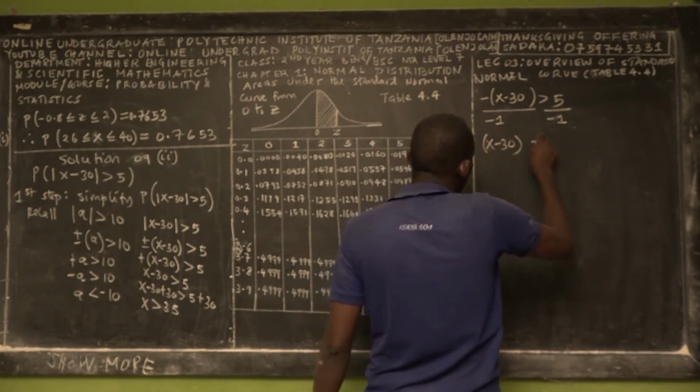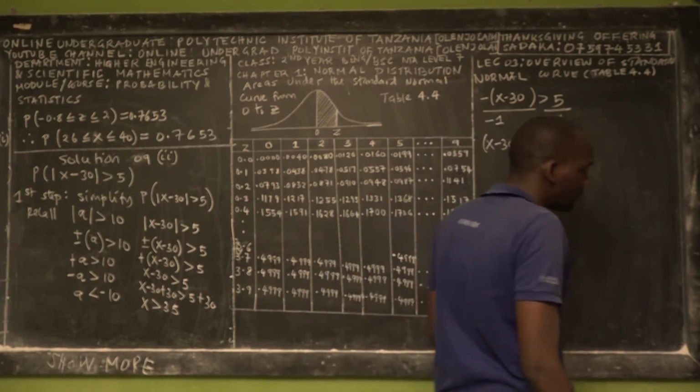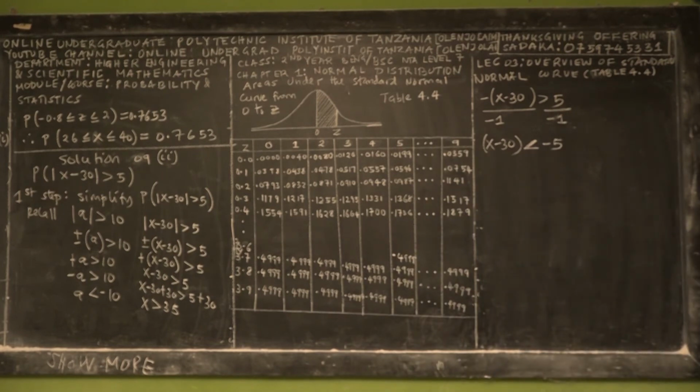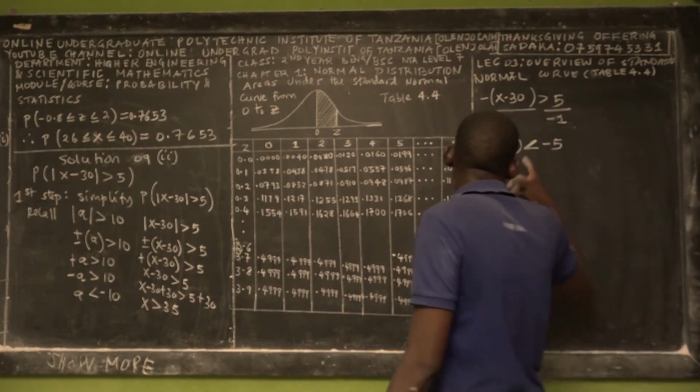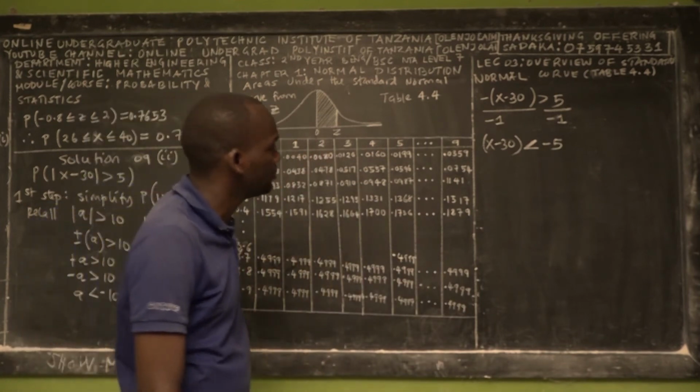The sign has to change if you divide by a negative, so it is negative 5. We have to change the sign of the inequality because we divided by a negative.